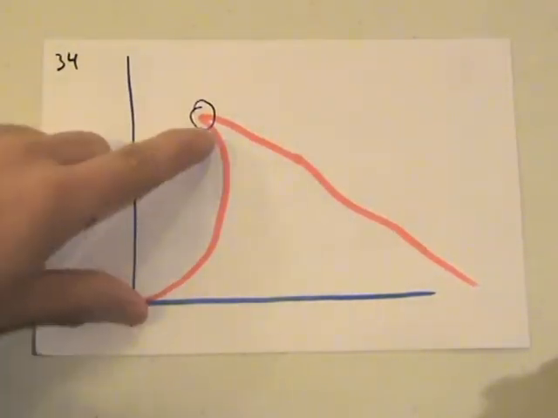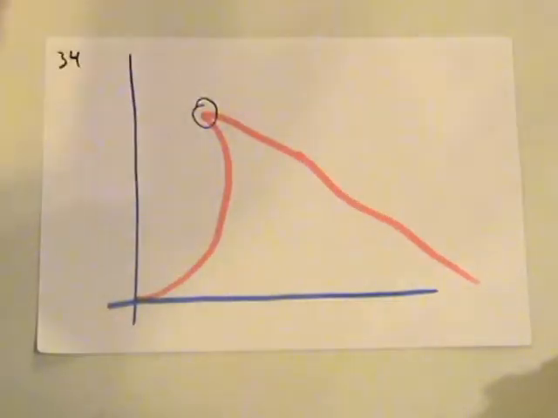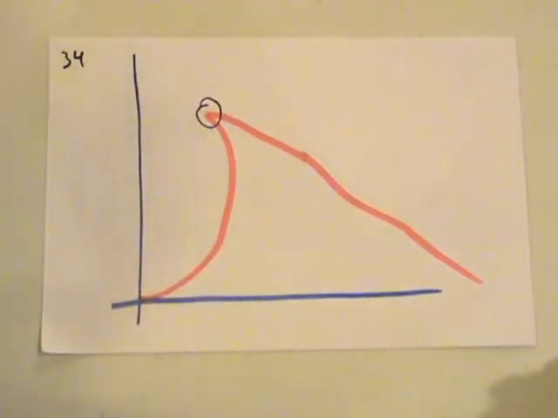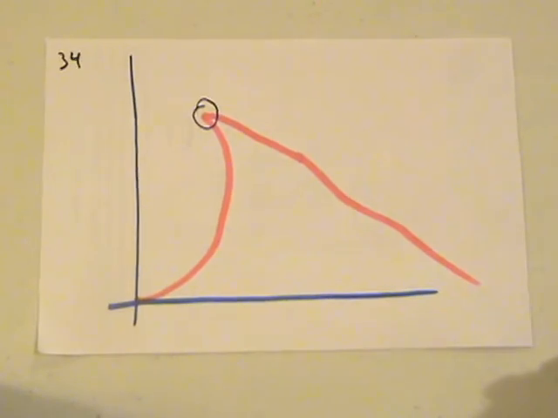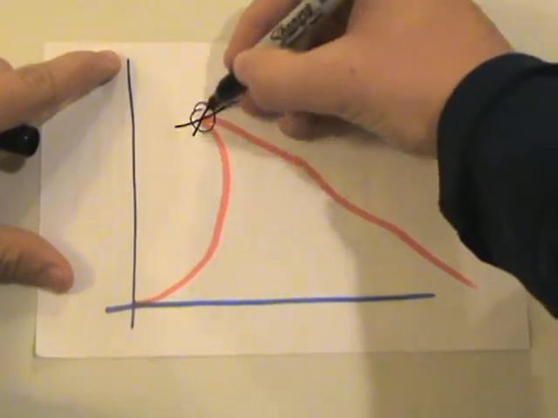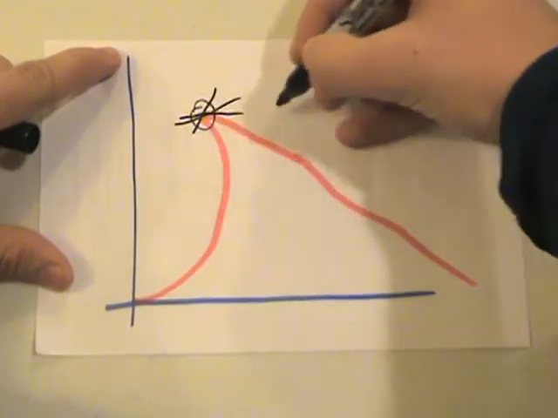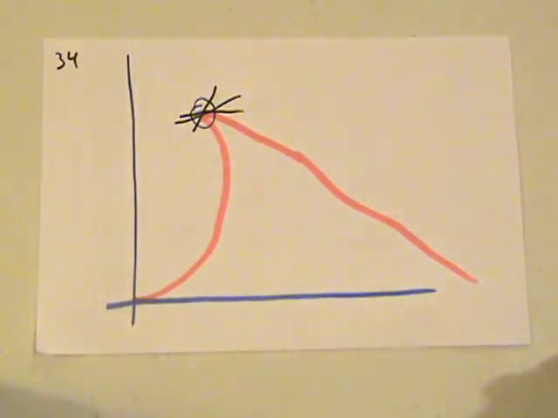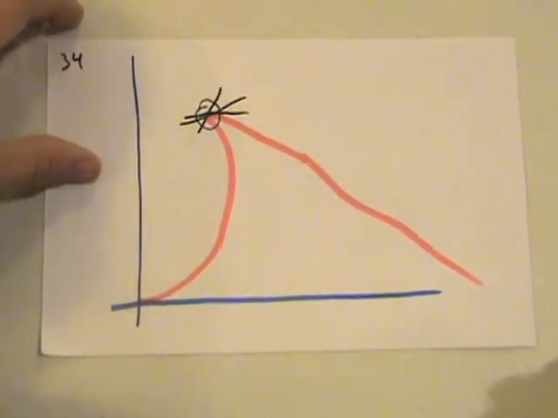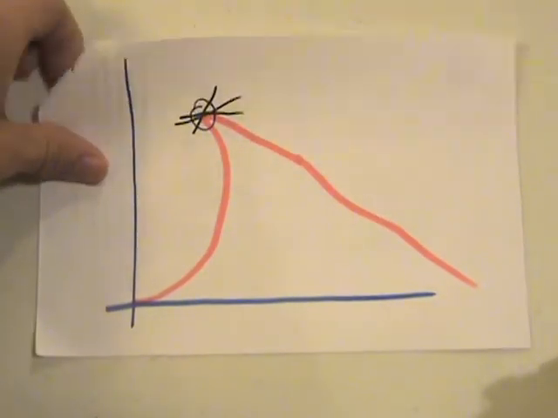It's a point rather than just an angle. You can take the derivative here, or you can take it right here. That's not the idea of differentiable, that there are so many different ways you can take it, like lots of little tangent lines. It's just a point, so it's not differentiable.